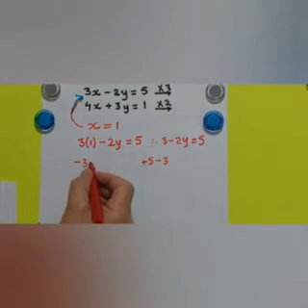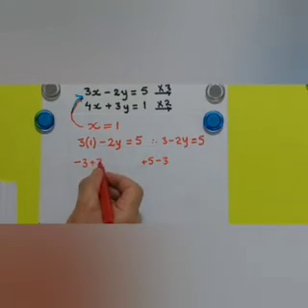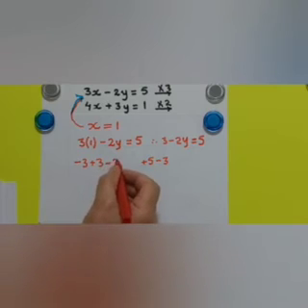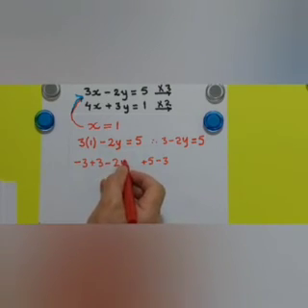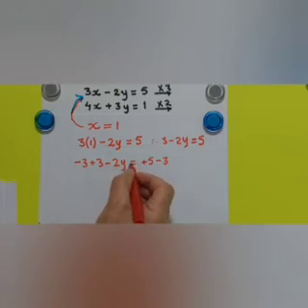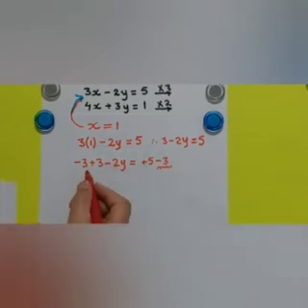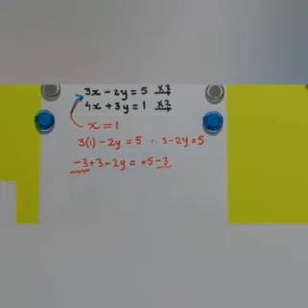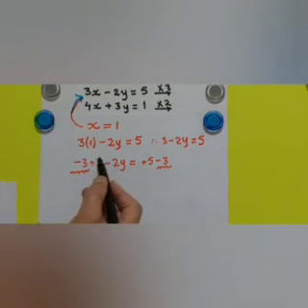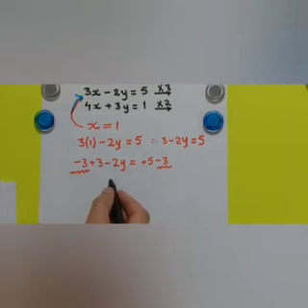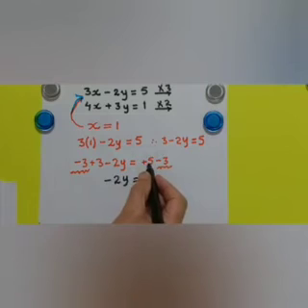So 3 minus 2y is equal to 5, and we added minus 3 to both sides. The result of this step: those cancel together, we got minus 2y only here, equals 5 minus 3, that means 2.